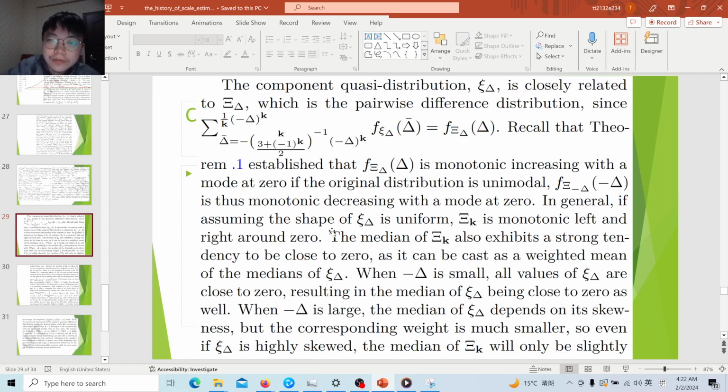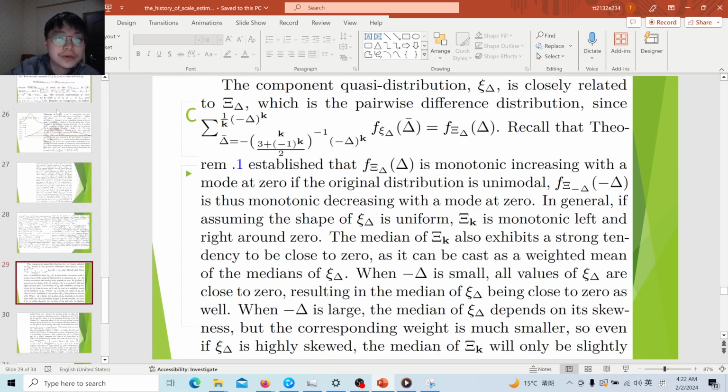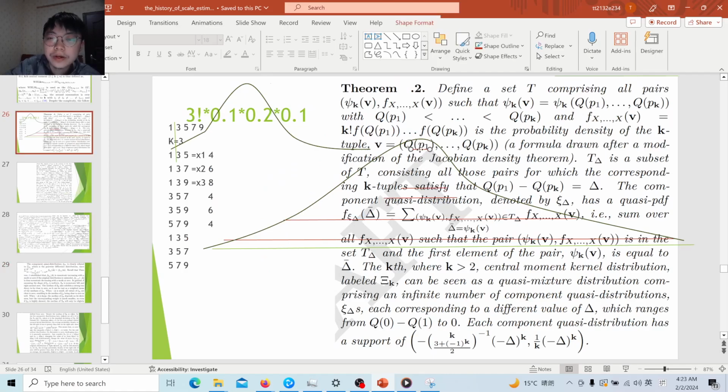Indeed, the median will also be very close to 0, because it can be cast as a weighted mean of the medians of each component quasi distribution. When the pairwise difference is very small, the median is just close to 0, and when it is 0, it is just 0.